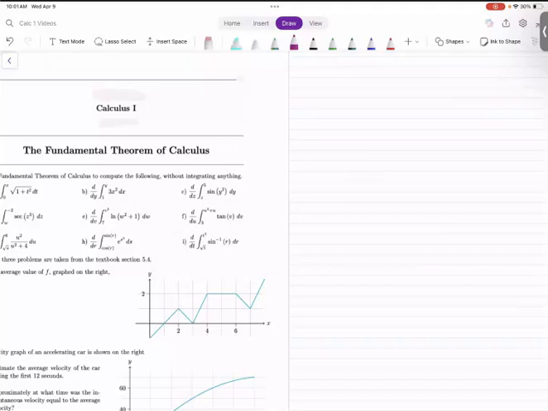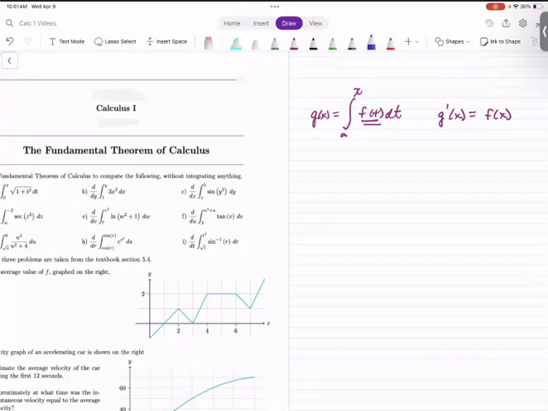So if we have g of x is equal to the integral from a up to x of f of t dt, then g prime of x, the derivative of the integral, is our function evaluated at that right endpoint.